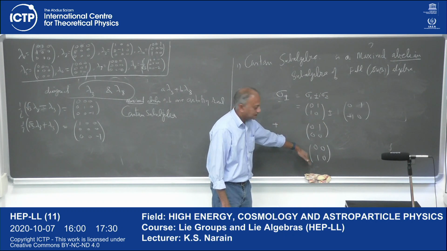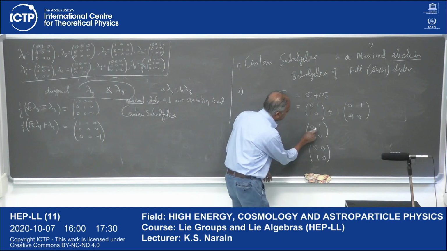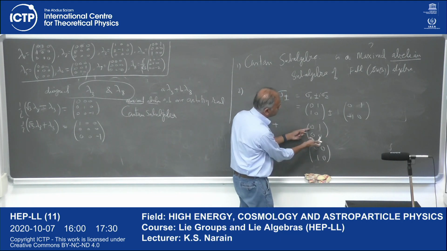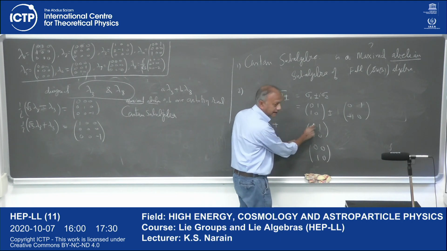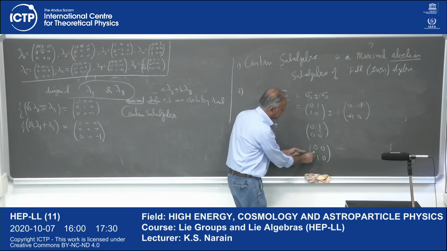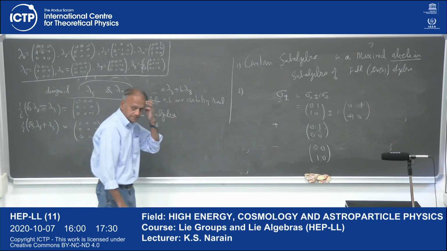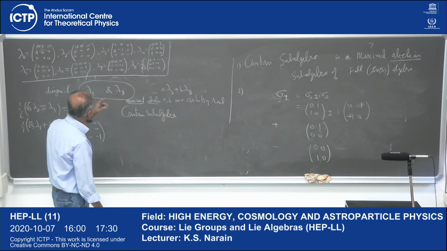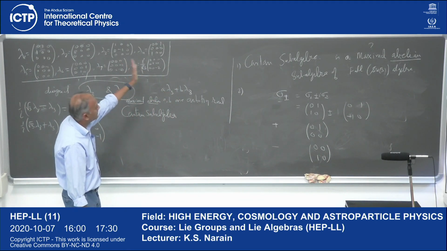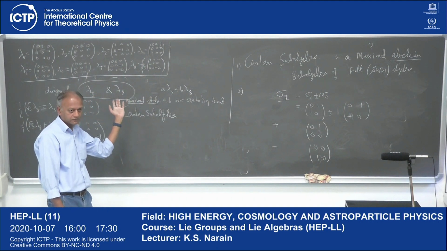Upper triangular meaning this part. This is just a 2 by 2 matrix, so the upper triangular is just one element here, and also here, this is lower triangular. But now we are talking about 3 by 3 matrices. So we want to again get this upper triangular form or lower triangular form.